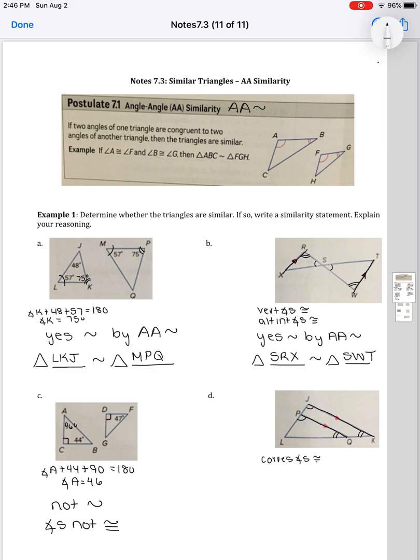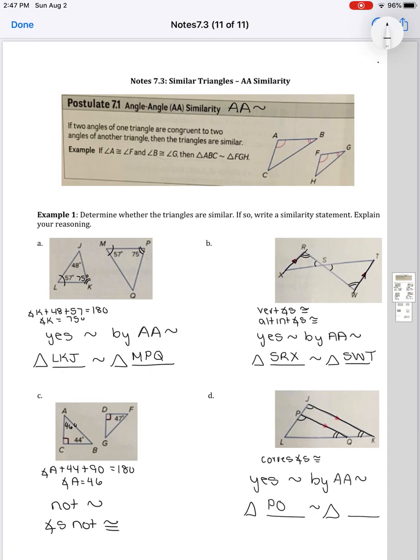So corresponding angles are congruent. Again, don't just cancel it out if nothing is marked. You have vertical angles to add, and if you have anything indicating parallel, it is there for a reason. Don't just think it's just there to be there. So yes, these are similar by angle-angle similarity.